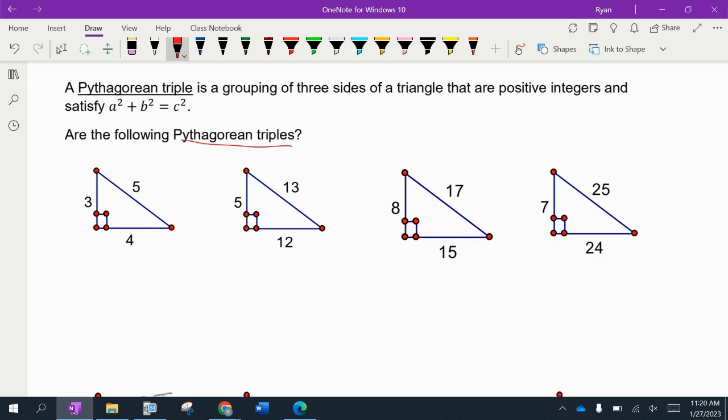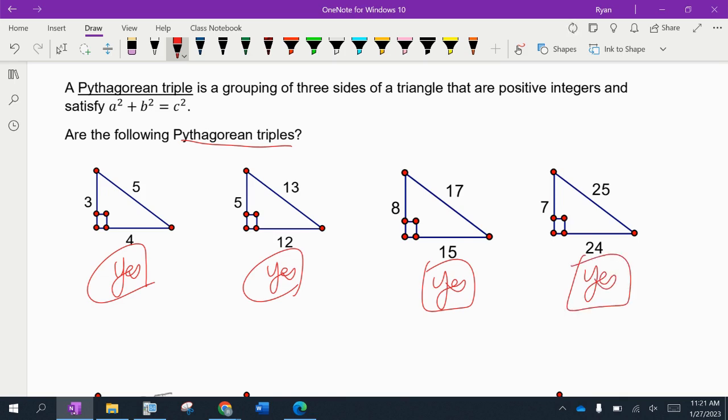So the question is, are these Pythagorean triples? I see that all 3 of those sides are integers. So yes. Integers, yes. 8, 15, 17, yes. 7, 24, 25, yes. Pythagorean triples, 7 squared plus 24 squared would be equal to 25 squared.